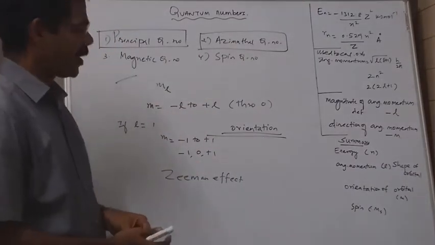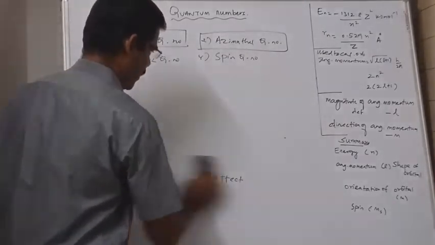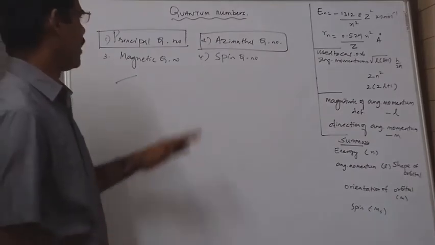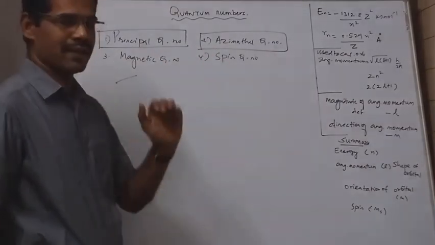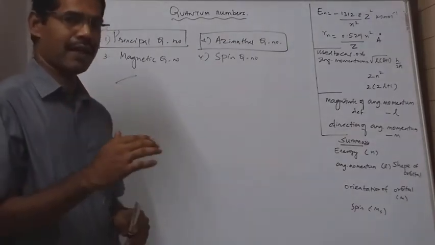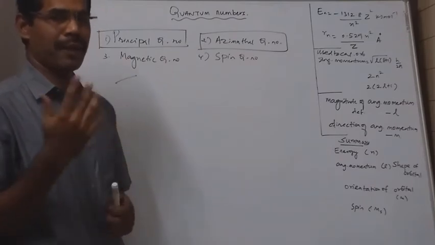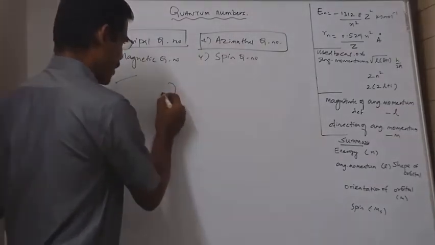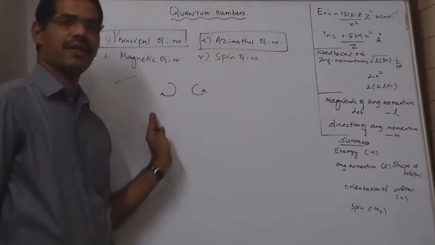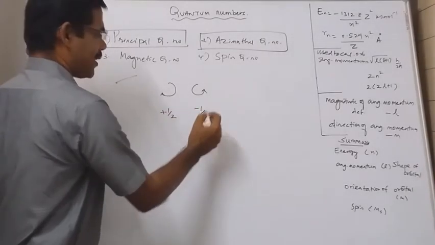Then at last, let us discuss the spin quantum number. Now what information does this spin quantum number provide us? Spin quantum number provides us only one piece of information, that is the spin of an electron. We have learned that an electron not only rotates, it also spins around itself. So it spins in both the clockwise direction as well as the anti-clockwise direction. Corresponding to these two spins of the electron, we have a plus half value and a minus half value.